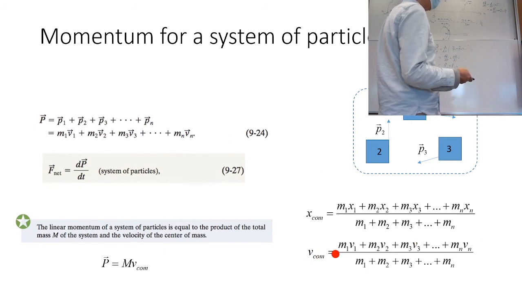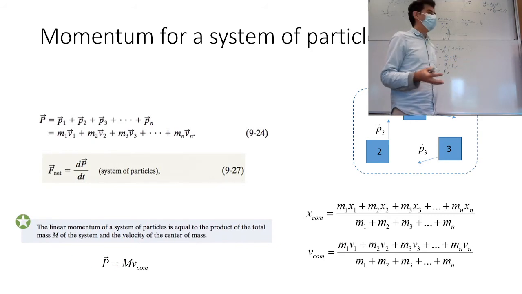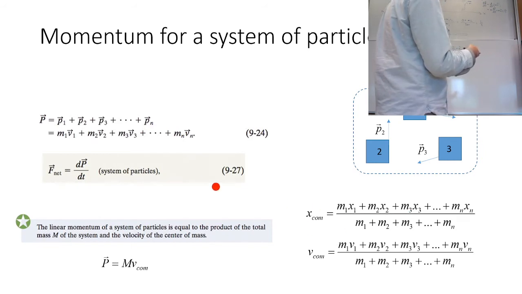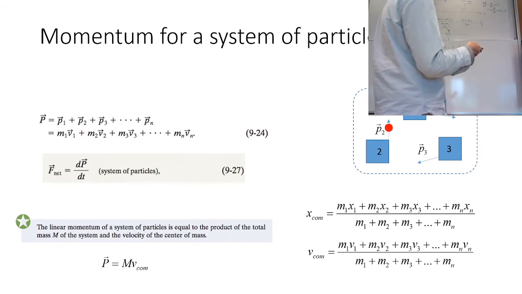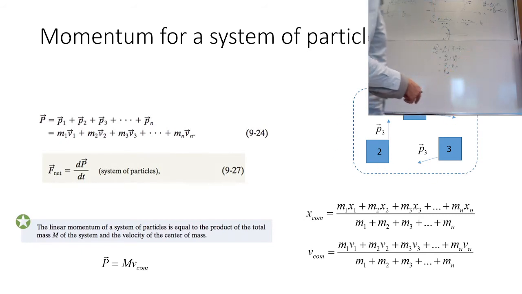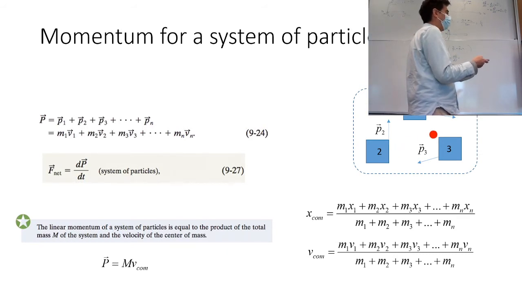So there's a nice way to understand what the total momentum is. We can either think of it as the total momentum of all the constituent particles, or we could just think of this whole thing as one blob.